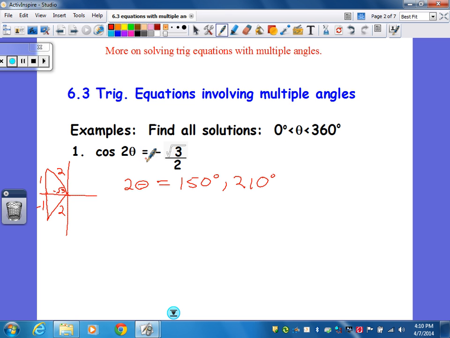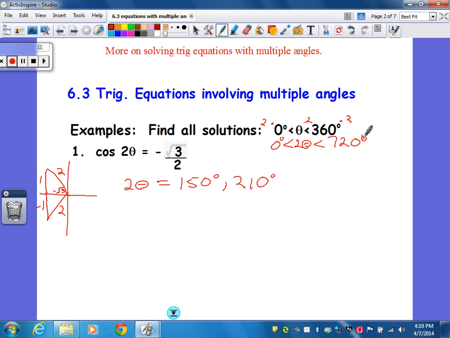We have 2 theta, not just theta. If we multiply everything by 2, we are actually looking from 0 to 2 theta all the way up to 720 degrees. So we're extending the area that we're looking at.